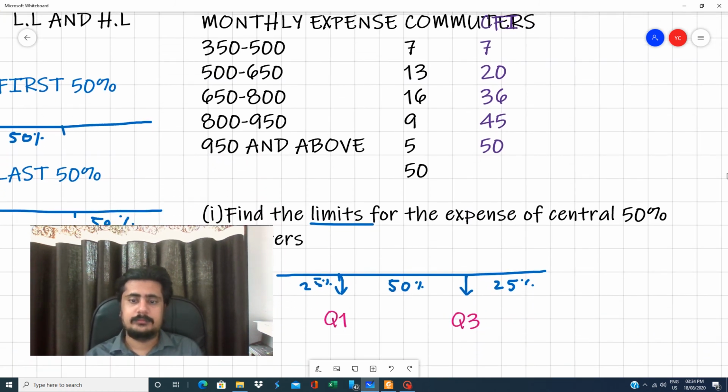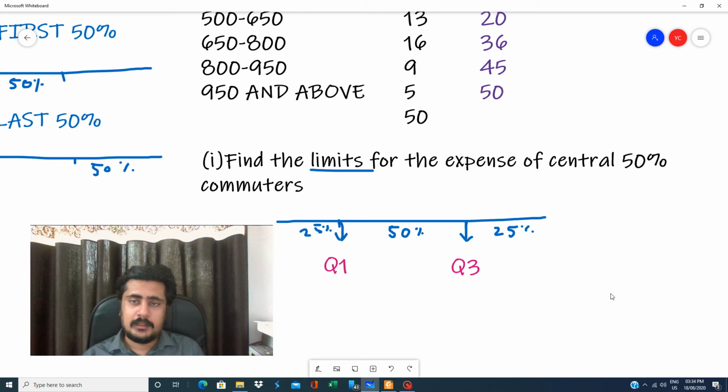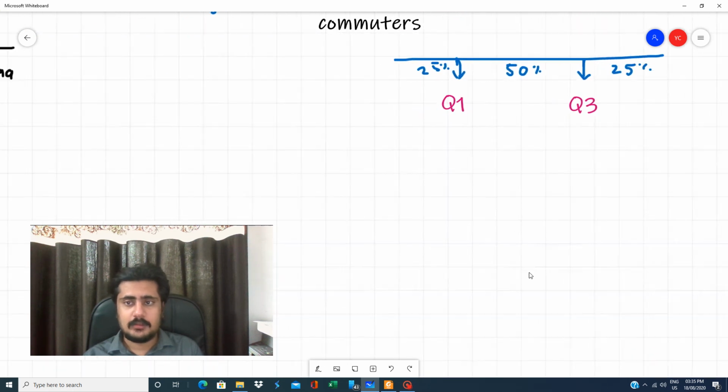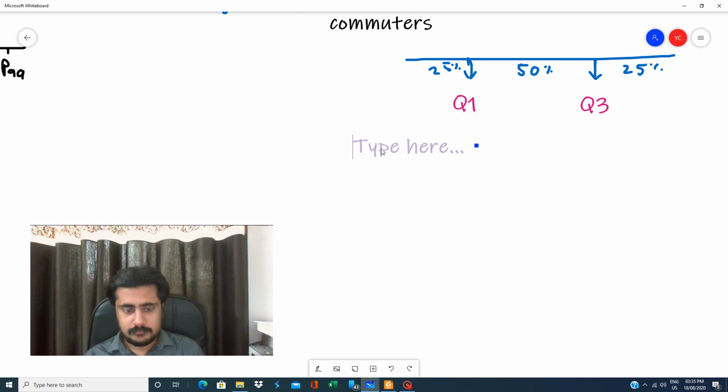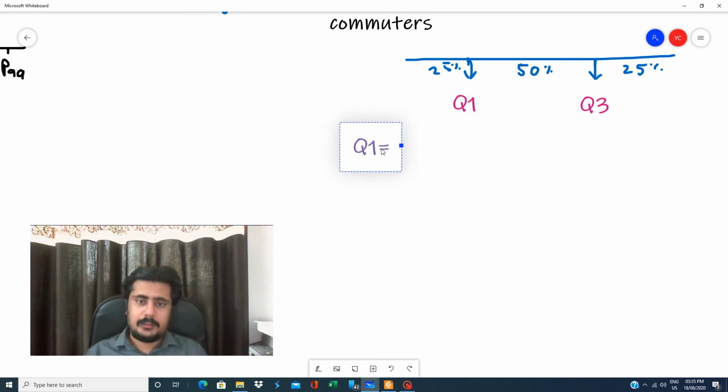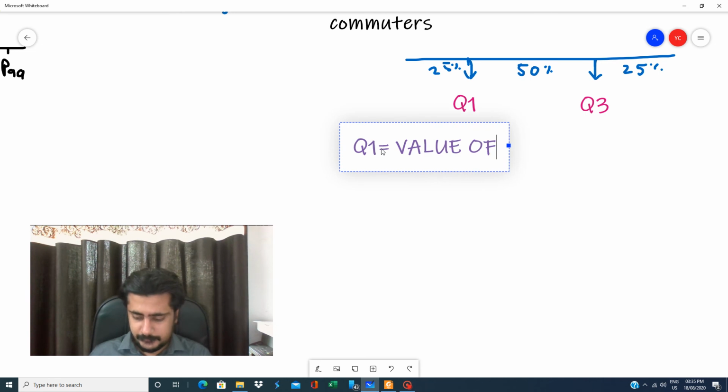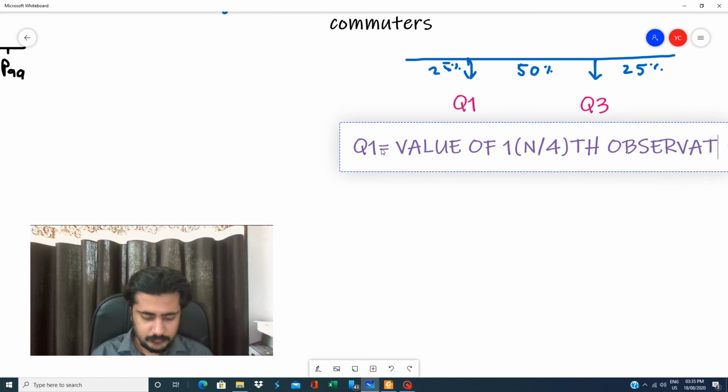Now, as I told you, your question demands that you should find Q1 and Q3. So now I should find Q1. What is Q1? It's the value of 1 into n by 4th observation.